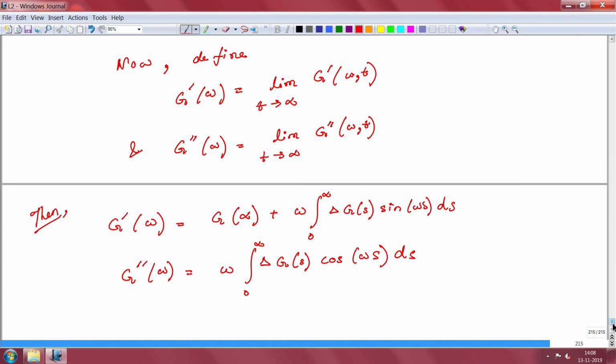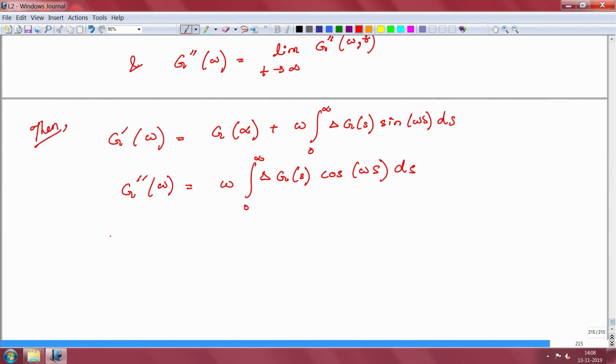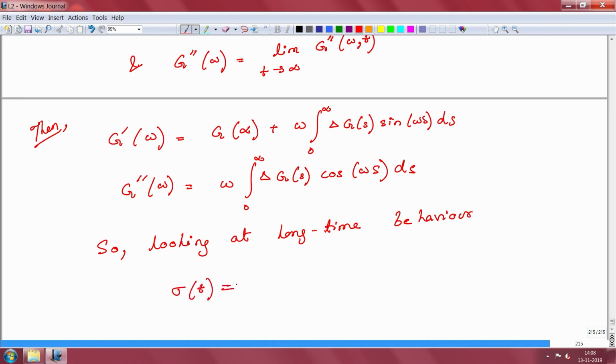So, looking at the long time steady behavior of the amplitude, we can say that sigma naught is now going to be my epsilon naught into g dash omega square.